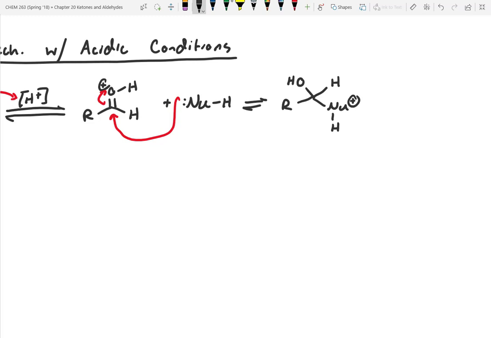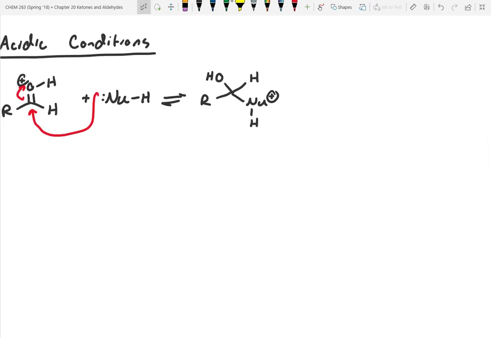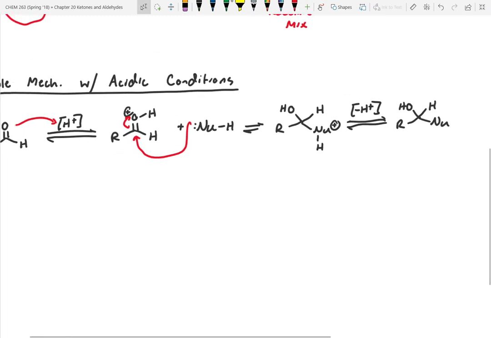However, your nucleophile now has a positive charge, so what do you think the last step will be? Deprotonation. So I'll just write -H plus, and clean up these arrows. And you can end up with a similar product.